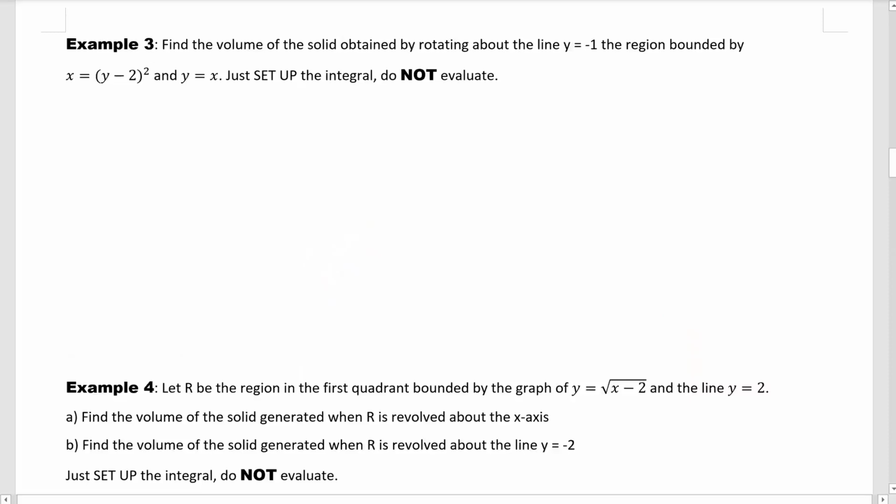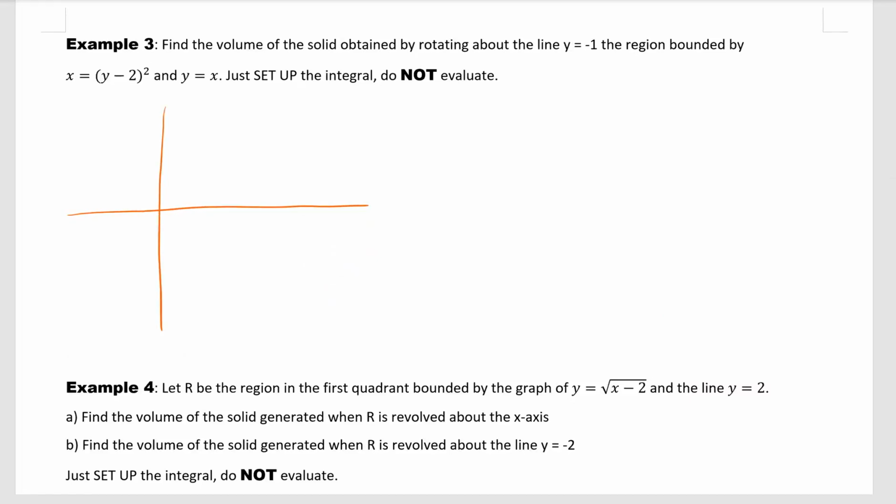Okay, let's continue. So example 3, let's first sketch them. So y equals x, that's easy, that's the line. Next is going to be a parabola, but it's going to be open to the right. Let's plot some points.